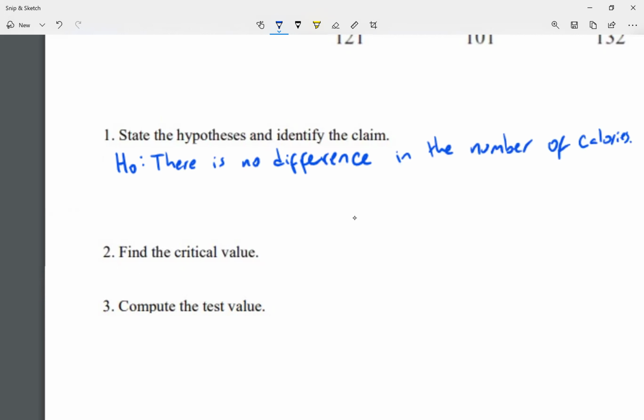That's pretty much what I'm assuming the cereals are saying. My claim, my alternate, is there is a difference in the number of calories.